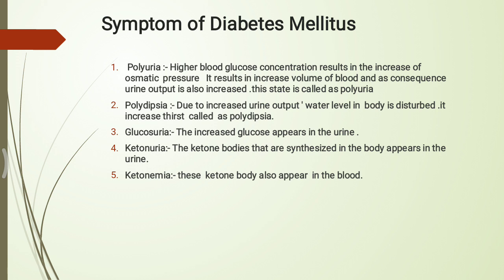Third one, glucosuria. Increased glucose appearing in the urine is called glucosuria. Then ketonuria. The ketone bodies that are synthesized in the body appear in the urine, which is called ketonuria.